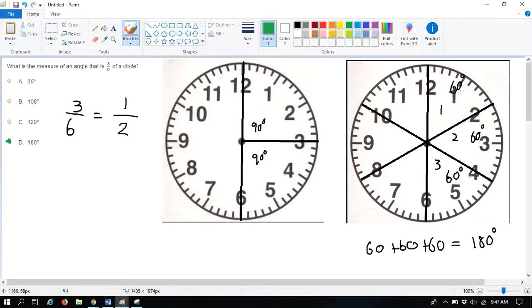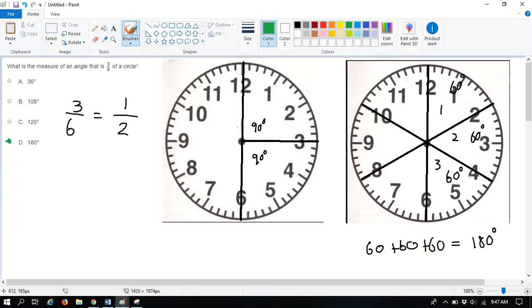So 2 whole hours would be 60 degrees. It'd be 30 plus 30. So I have 60, and the second one would be 60. That's 120. And then my third out of 6, my 3/6, I go 60 plus 60 plus 60 is 180.